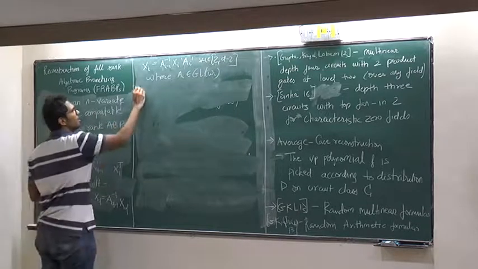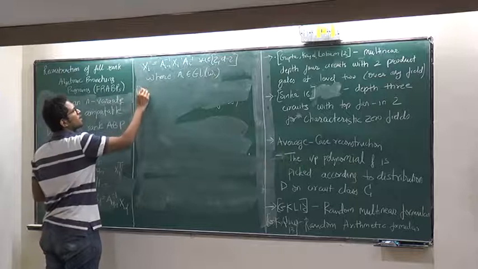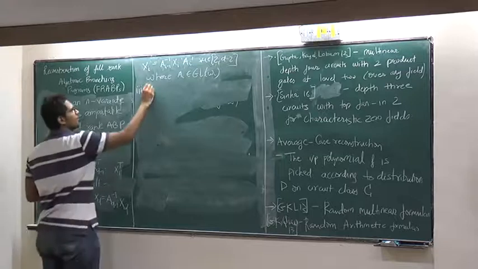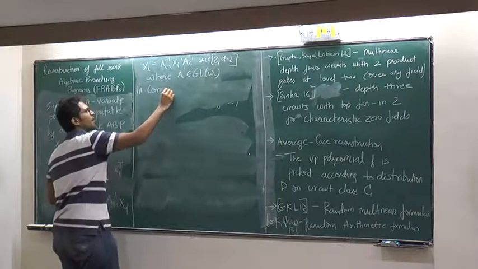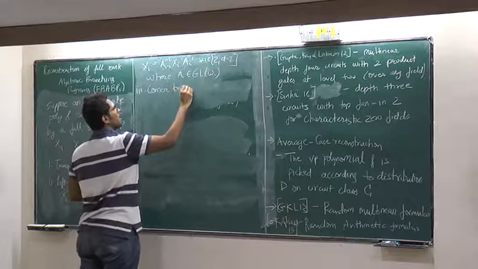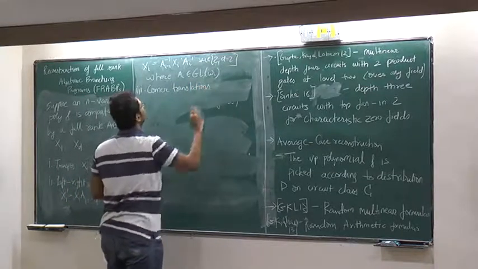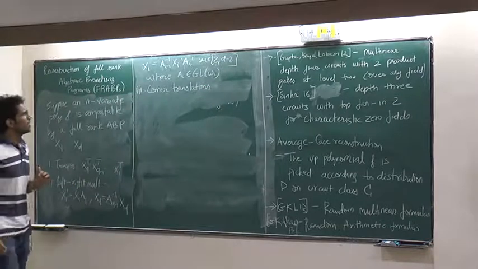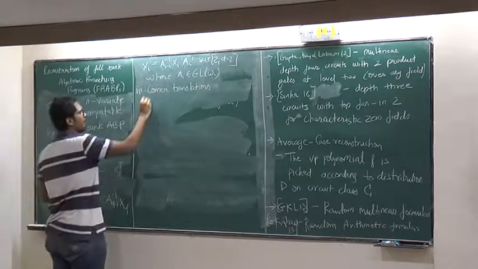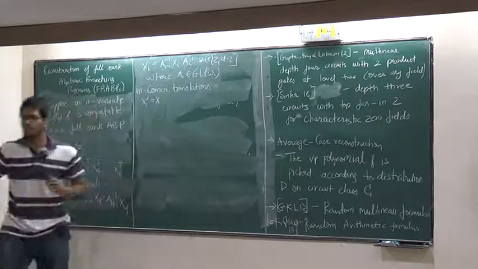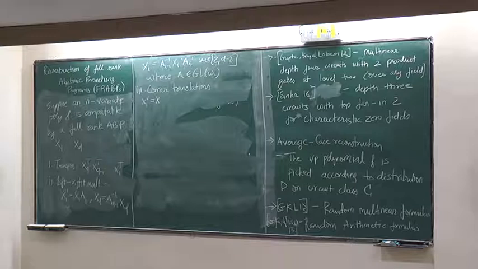The third one is slightly non-trivial. We call it the corner translations. When you do this left-right multiplication, you insert these A_i, and they are over the field. Yeah, they are over the field, but it's okay, right?